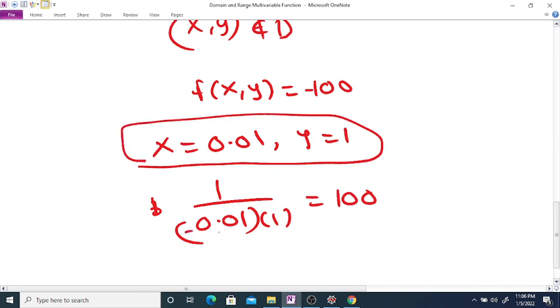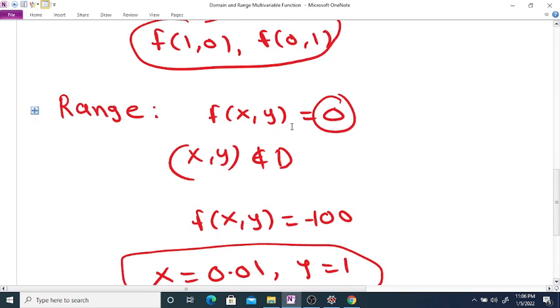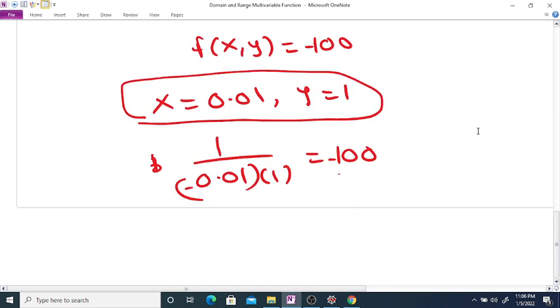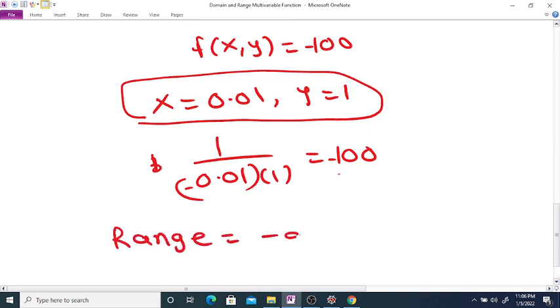If you take -0.01 and 1, it is equal to -100. So the range of the given function is the whole real number set minus the single element 0, that is, minus infinity to plus infinity minus the element 0.